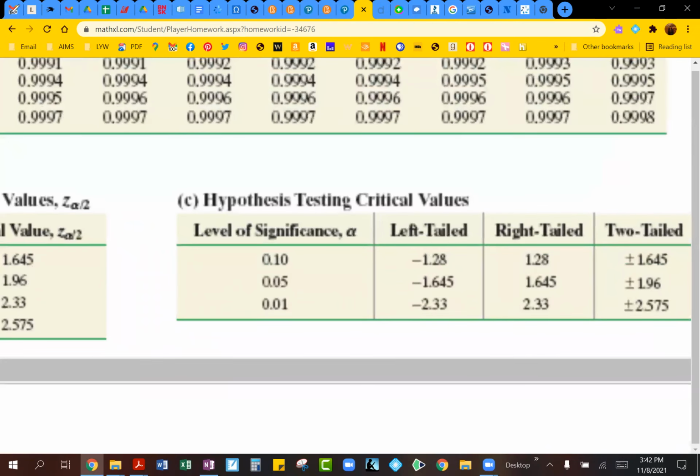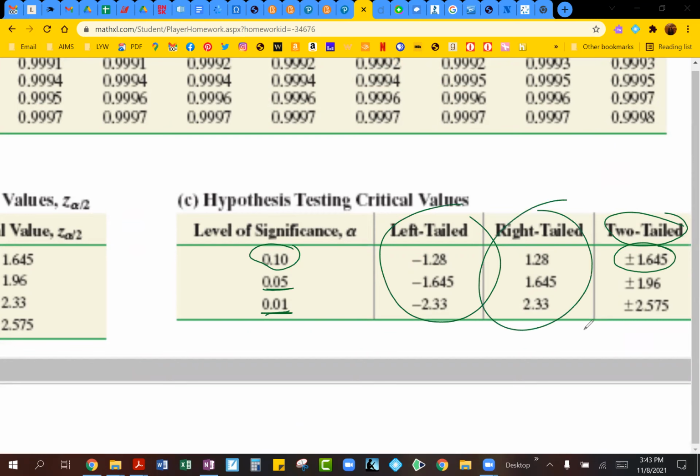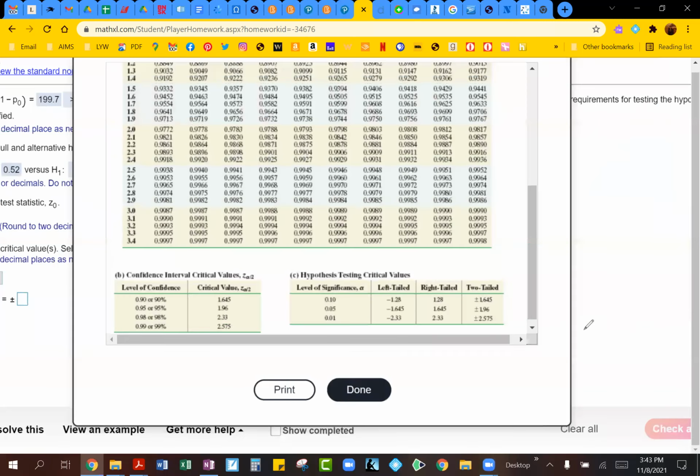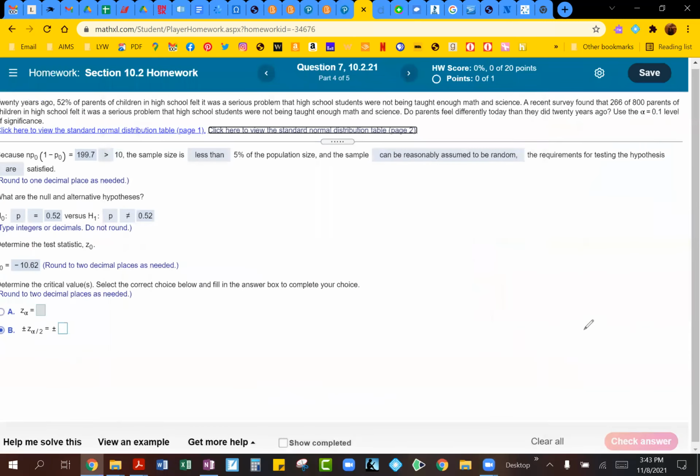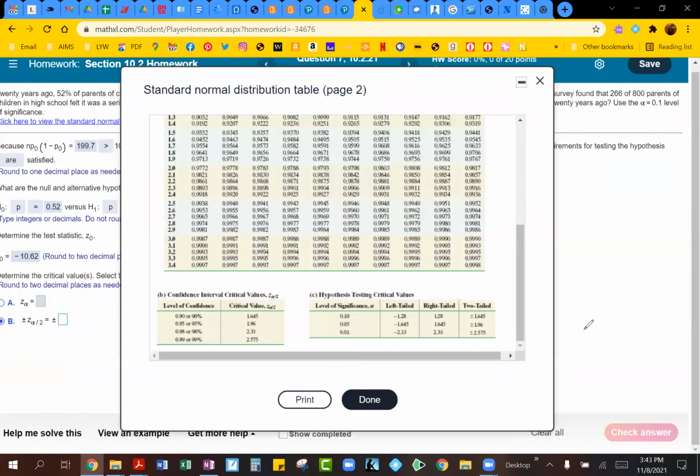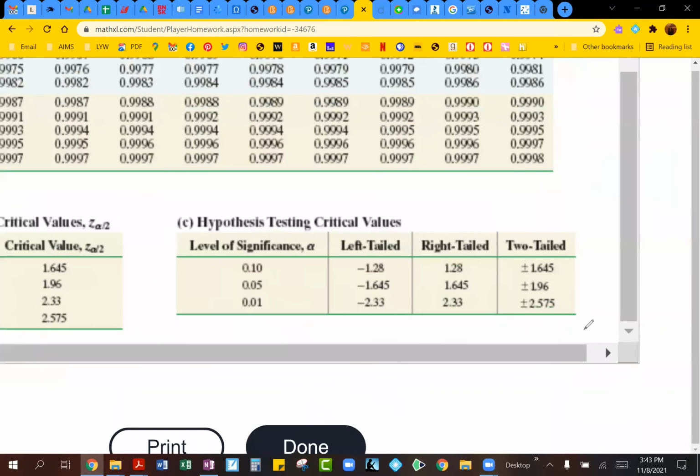This is a two-tailed test, so our critical value is actually going to be 1.645 plus or minus. You can see based on the different level of significance and which test you are doing, you've got your different critical values over here. When you click on page 2 and scroll down to the bottom is where you will find it.